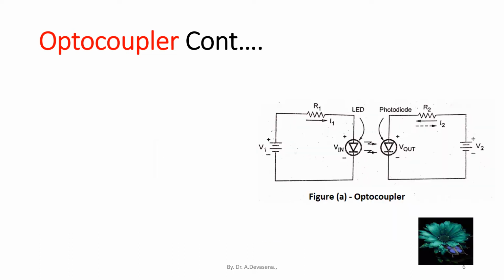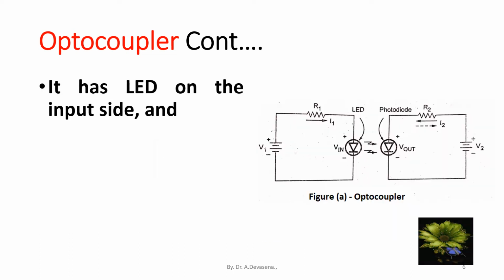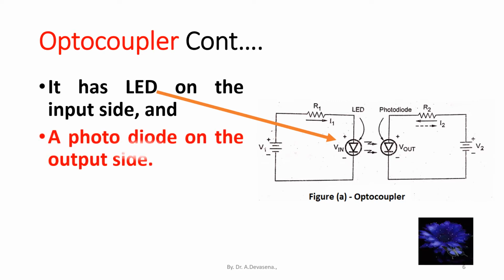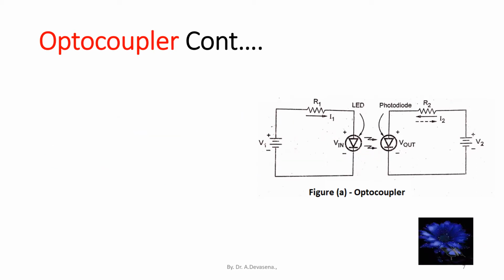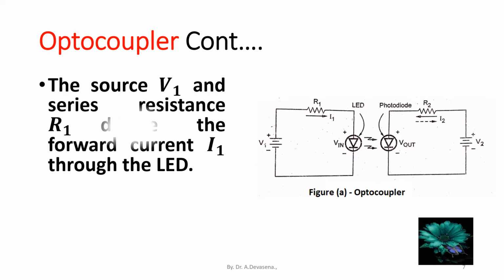It has an LED on the input side. This is the LED. A photodiode on the output side. This is the photodiode. The photodiode is connected at the output side of the circuit. The source V1 and series resistance R1 decide the forward current I1 through the LED.